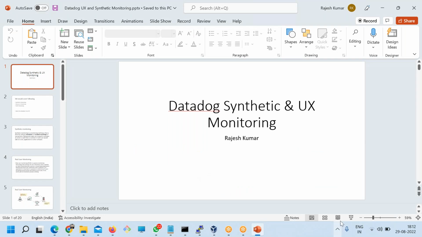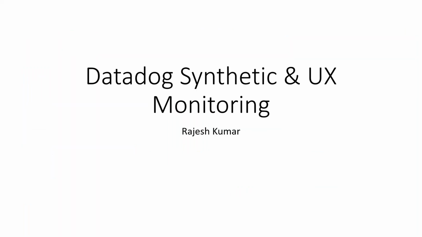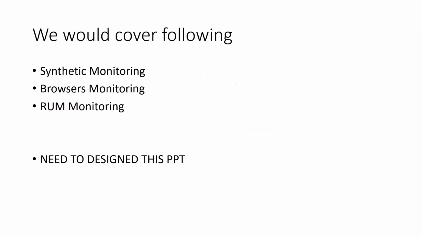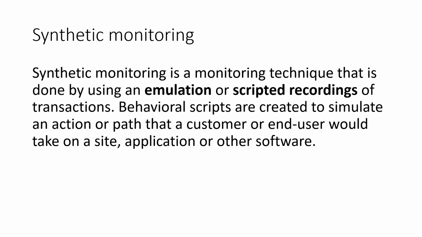So now let's try to understand the difference between synthetic monitoring and RUM monitoring. In synthetic monitoring, we typically emulate or script, we generate it through scripting. One tool you can use, for example, is JMeter. JMeter can be used for creating fake traffic, which can be synthetic monitoring.